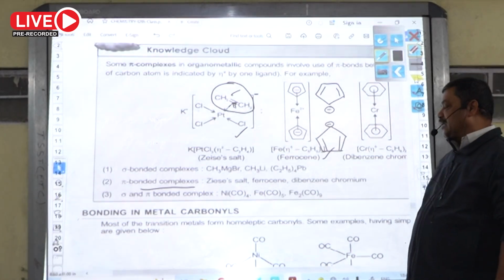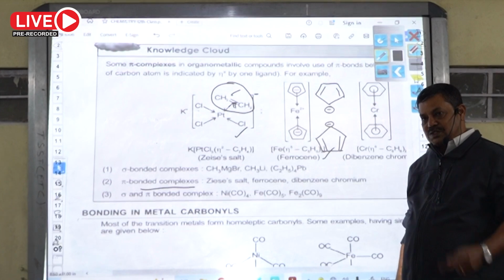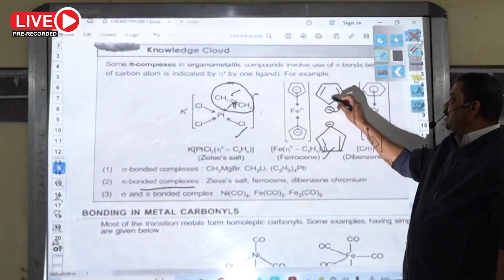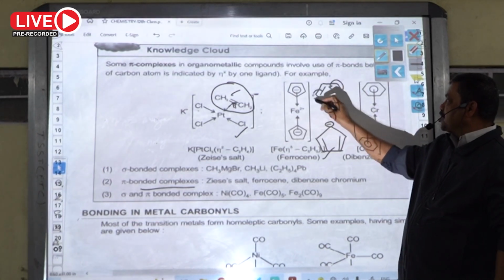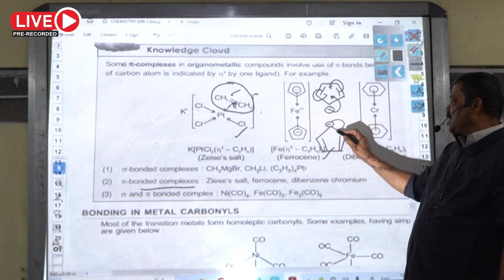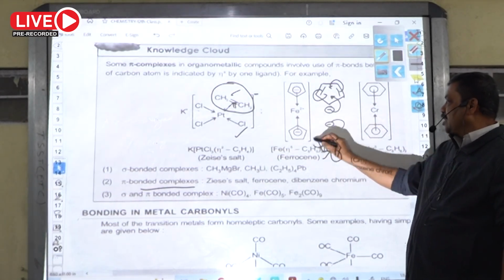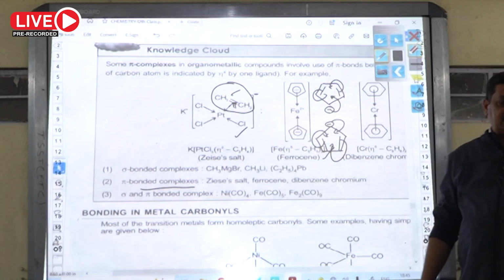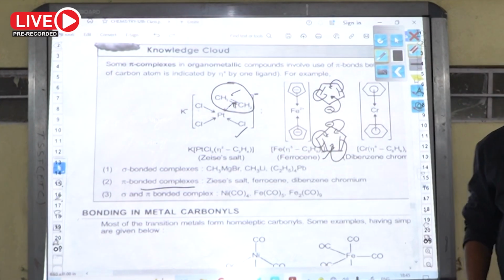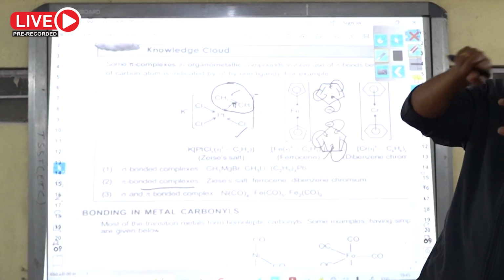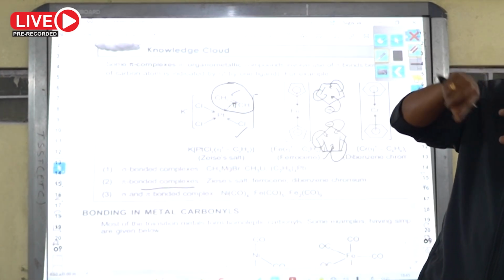How many cyclopentadienyl anions? 2. The negative charge and pi bonds are in conjugation, so there is a completely delocalized negative charge or electron cloud.